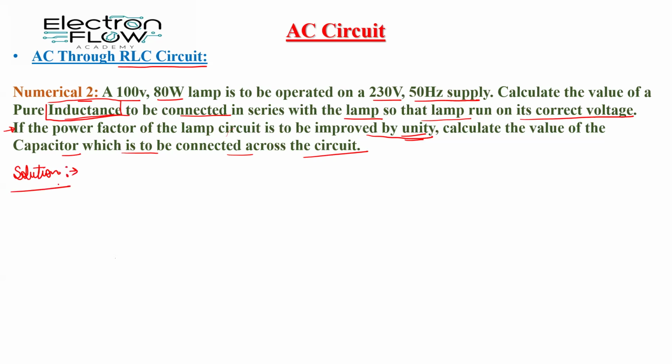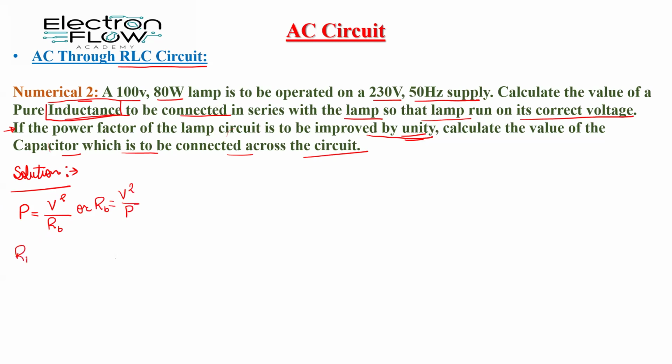Firstly, from the given rating of the bulb we can find its resistance and its rated current. Power is equal to V square divided by the resistance of the bulb, or we can write R is equal to V square divided by power.